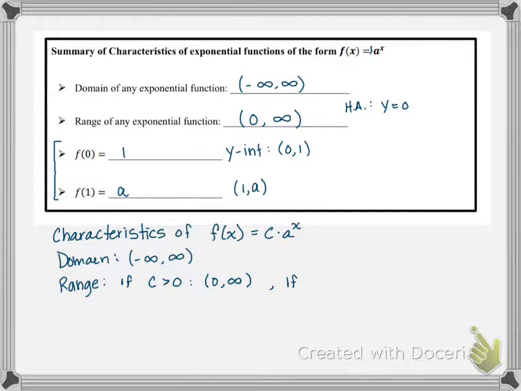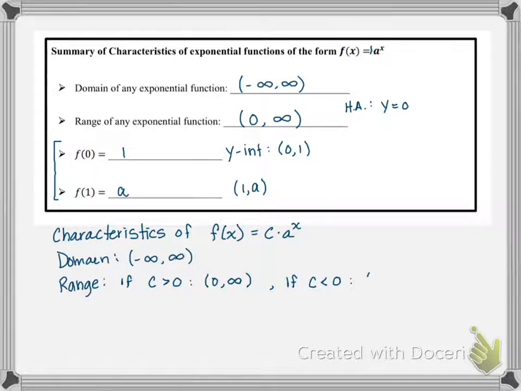If c is negative, so if I multiply by a negative coefficient, what will that do to my range? What will that do to the graph? To the y values? If you start with all positive y values and you multiply by a negative, you'll end up with all negative y values, right?